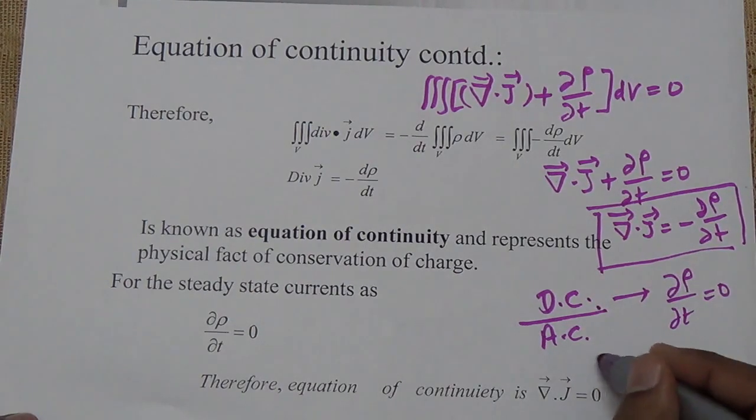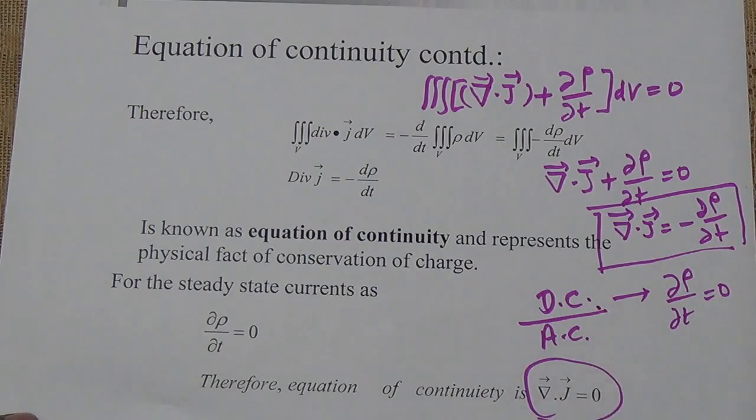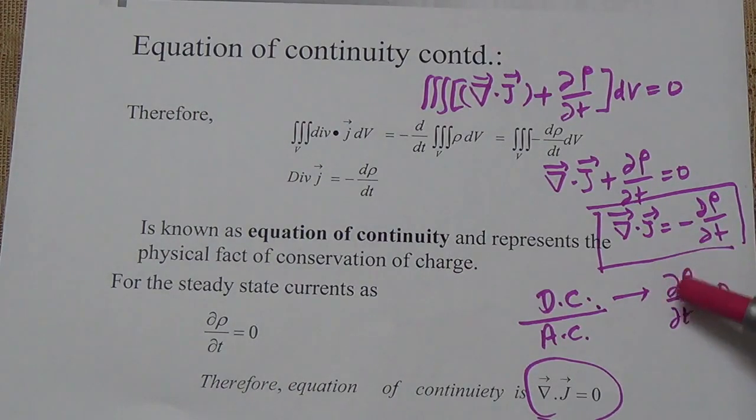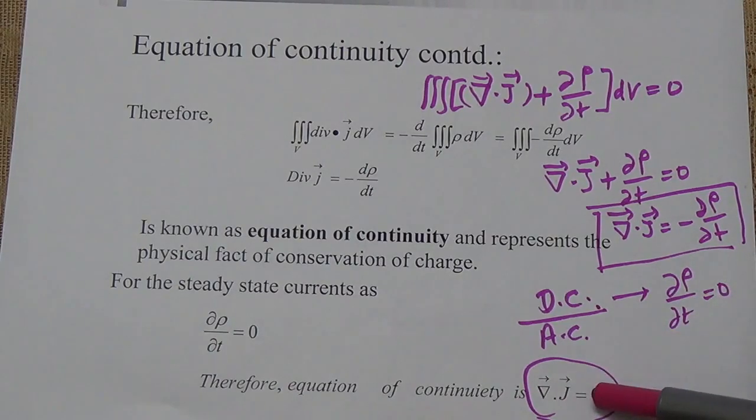If this is equal to 0, that means divergence of J is equal to 0. We have seen this idea earlier also with del dot E equal to 0, that is solenoidal. It means if we are considering steady state current, then divergence of J is equal to 0.